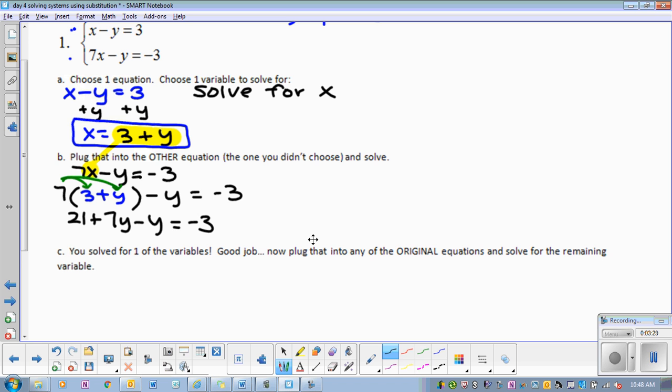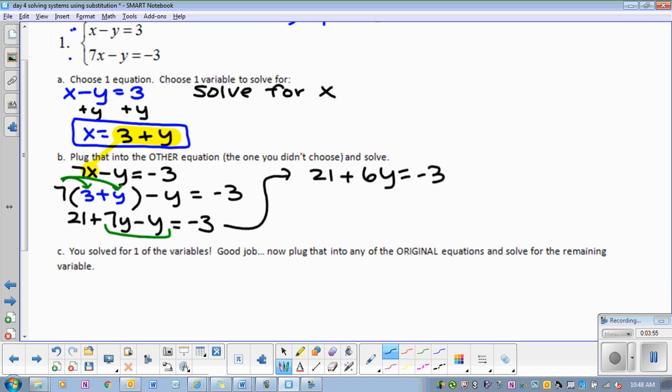Now you need to combine like terms. The like terms are the y terms, 7y minus y. What is 7y minus y? It's 6y. Remember, you're not multiplying, you're just doing 7 minus 1. So that's 21 plus 6y equals negative 3.